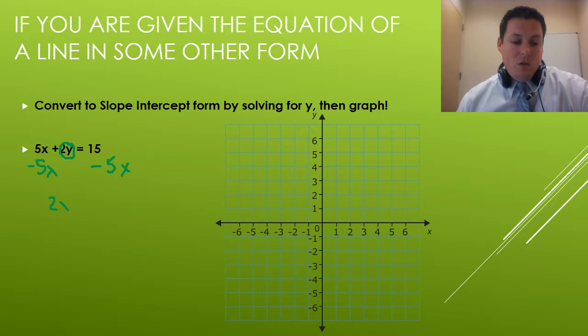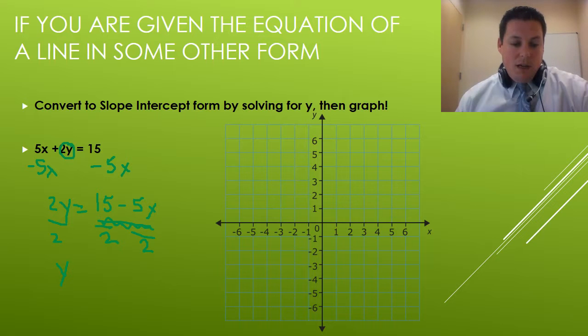Now we have 2y equals 15 minus 5x. Then we want to divide both sides by 2. And in this case, instead of dividing just the whole thing by 2, I'm just going to divide everything by 2. It just makes it easier.